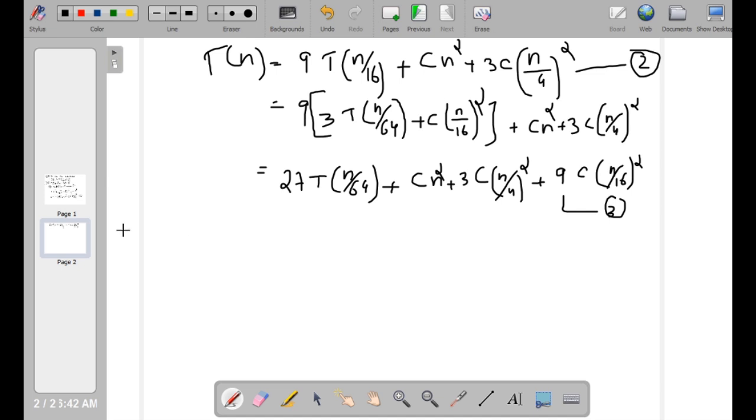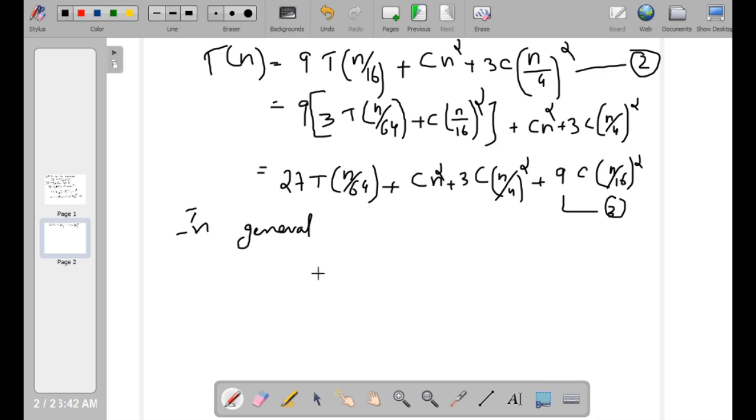Let us try to generalize this. In general, when the equation number is 3, 27 is coming here.